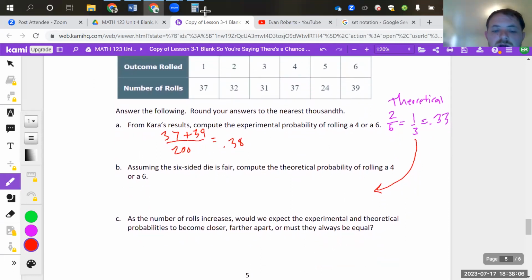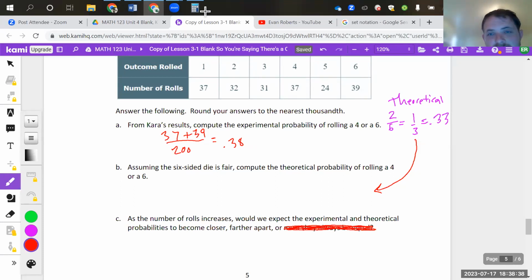And so as the number of rolls increase, would we expect the experimental and theoretical to become closer, farther apart, or must they always be equal? Well, you can definitely see that they're not always equal, because the red and the purple are not the same. So think about that for a second. If you rolled this 1,000 times or 10,000 times, in theory, it should eventually even itself out.